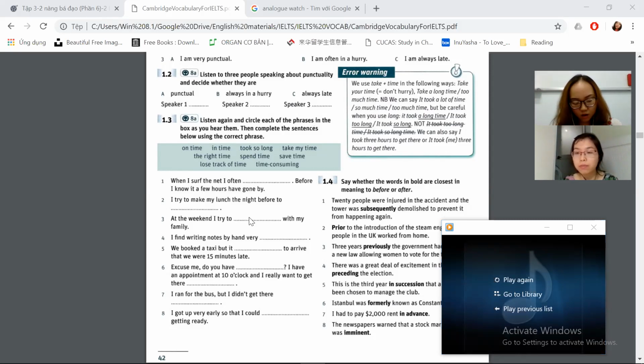Yes, on time is like punctual. But in time is like in the nick of time, just in time. Okay, just in time, vừa kịp. Còn on time là cứ đến đúng giờ. Okay. Very good. Anything else?